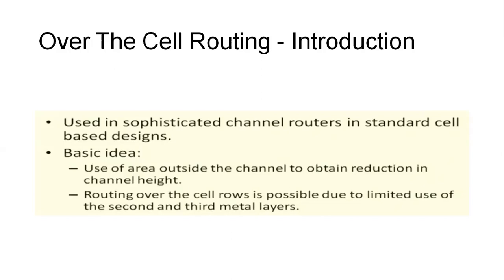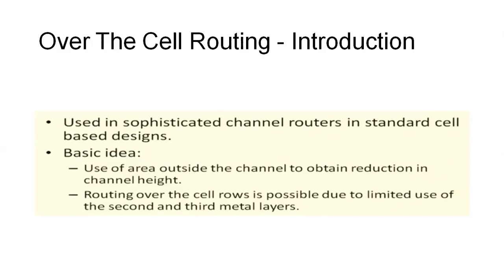The idea is that we are trying to use the area outside the channel for interconnection. Inside the channel, there will be some area you are using for interconnection, and how to do that is what we have discussed so far in the detailed channel routing. But outside the channel, how can we use that area for interconnection?